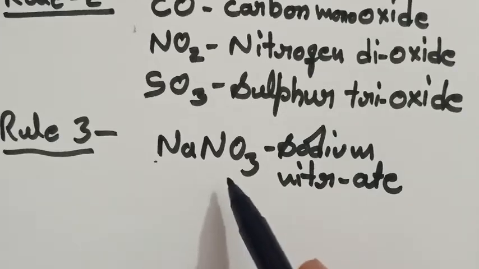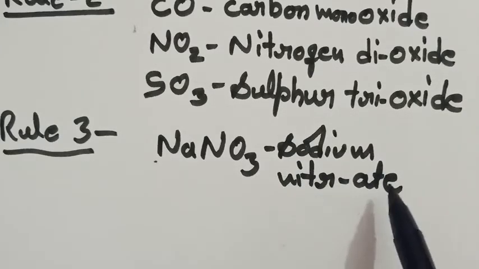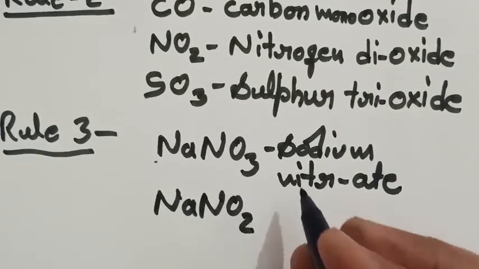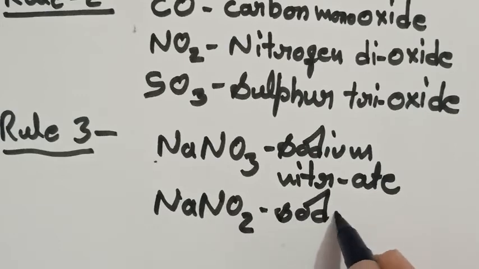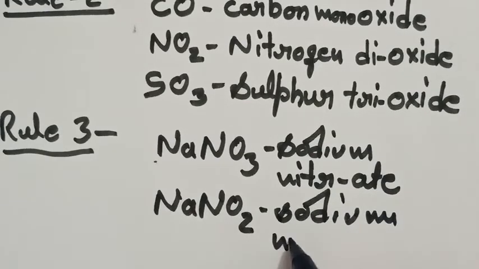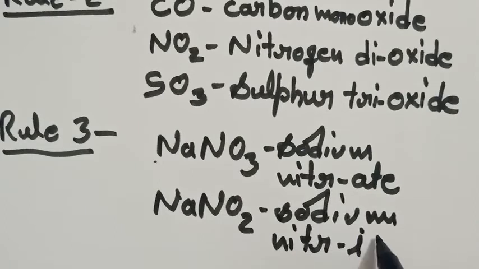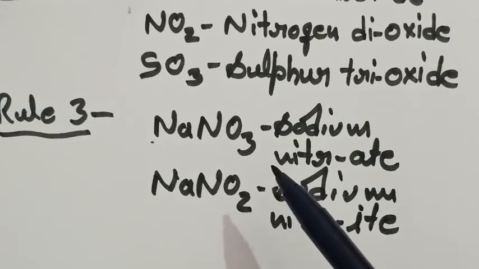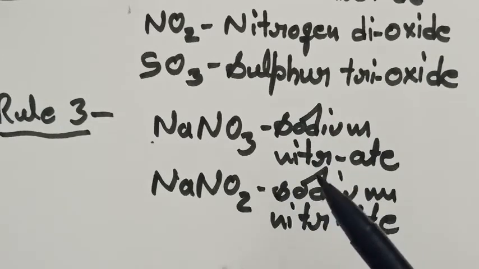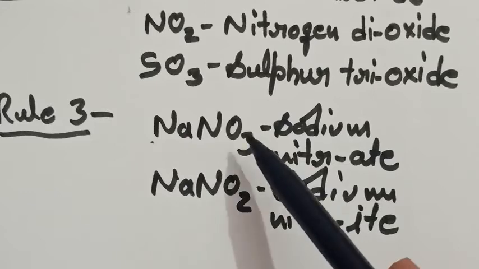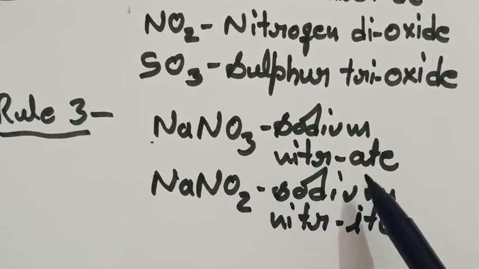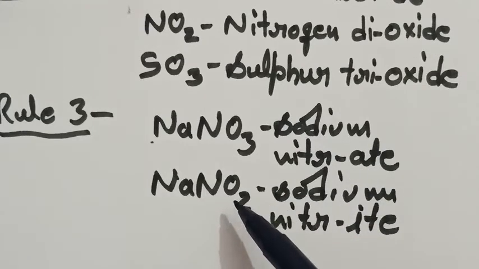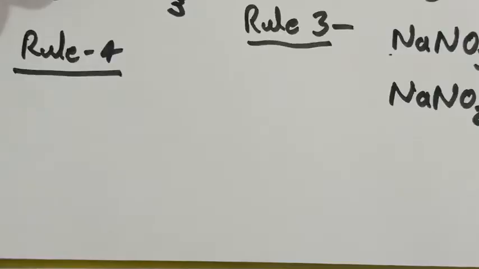For example, NaNO3 will be named sodium nitrate, whereas NaNO2, which has lesser oxygen, will be named sodium nitrite. Okay, so this is the third rule, according to which, if there are two compounds, the one with more oxygen is named with suffix ate, whereas the compound with less oxygen is named with ite.